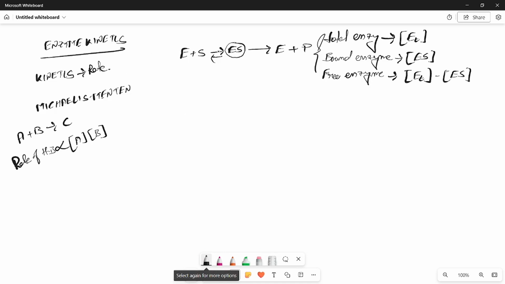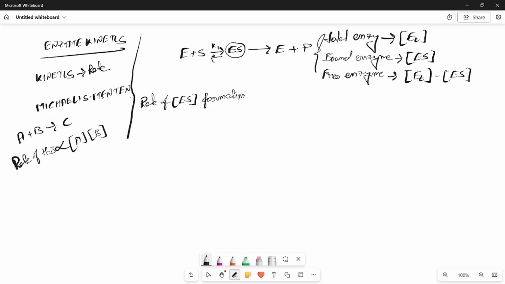This enzyme substrate complex. Now considering the rate of enzyme substrate complex formation. Yes, it depends on what? Suppose the rate constant of formation is K1.